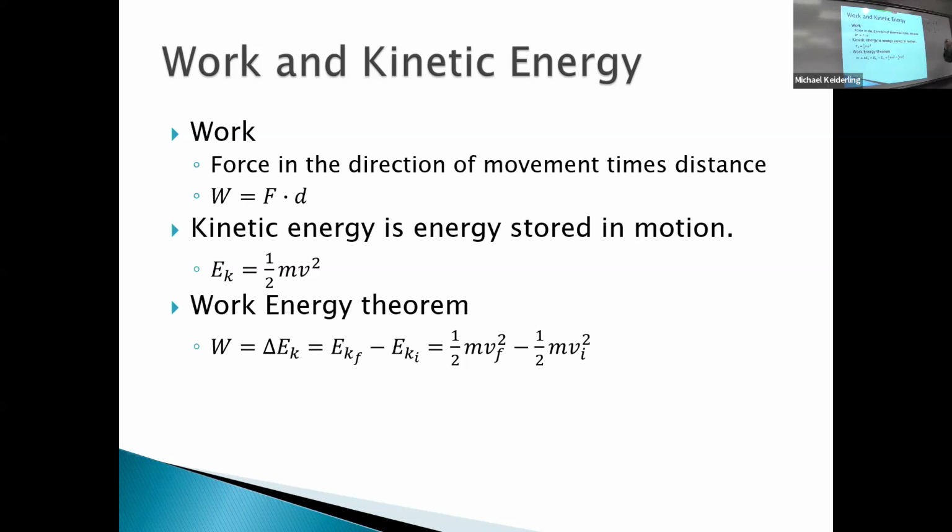And if you do work on an object and include the work from all the forces acting on the object, the work is equal to the change in kinetic energy. Kinetic energy final minus kinetic energy initial, or 1/2 mv final squared minus 1/2 mv initial squared.